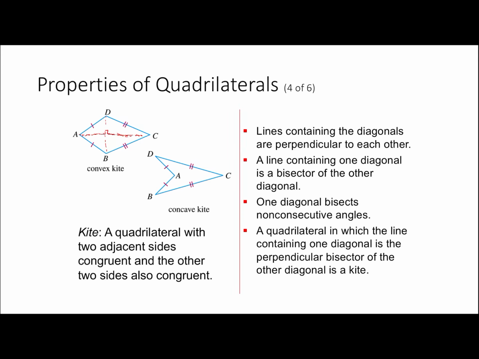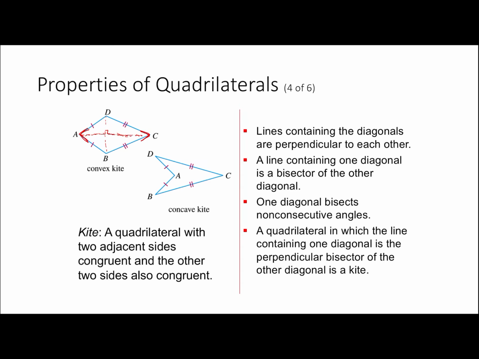A line containing one diagonal is a bisector of the other diagonal. Okay, so this one going across horizontally bisects the other diagonal. Okay, so that's what that says. It also says one diagonal bisects a non-consecutive angle.